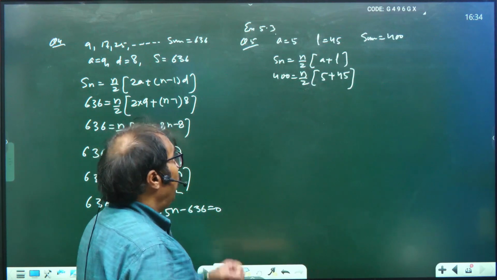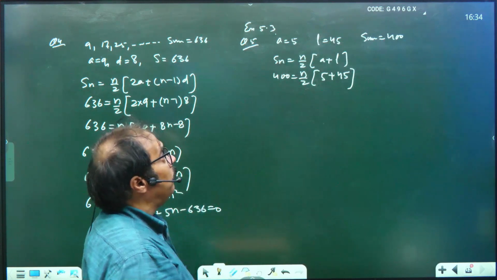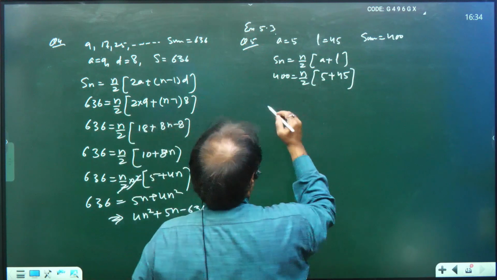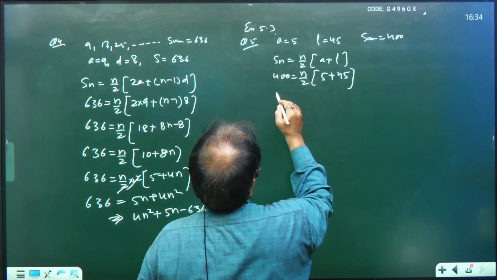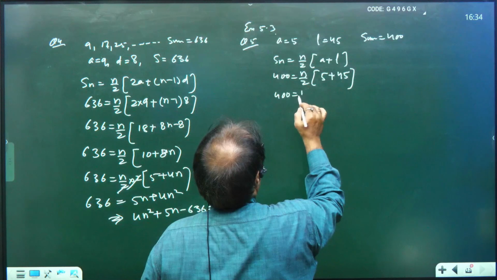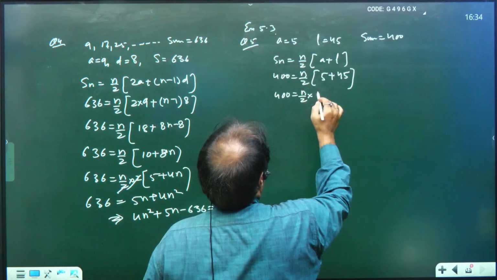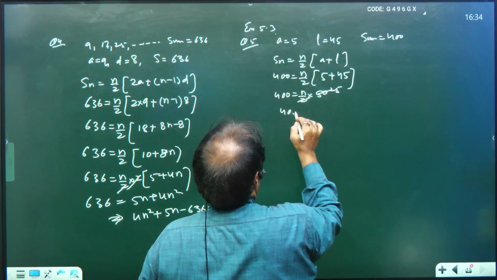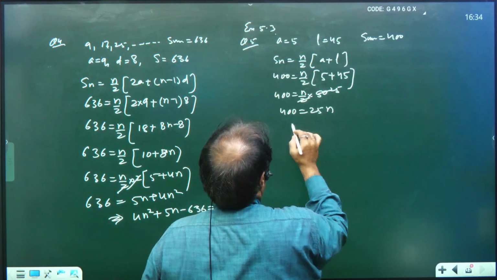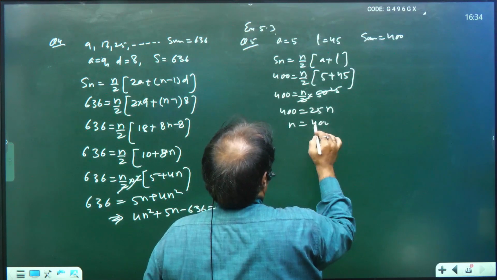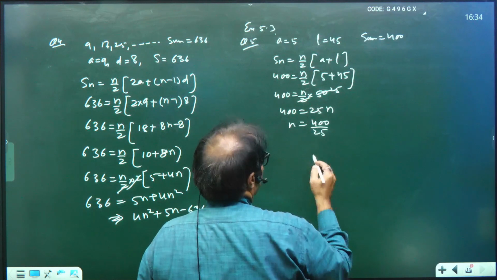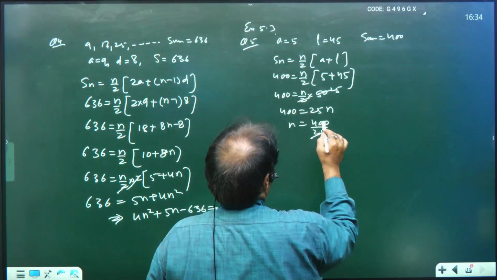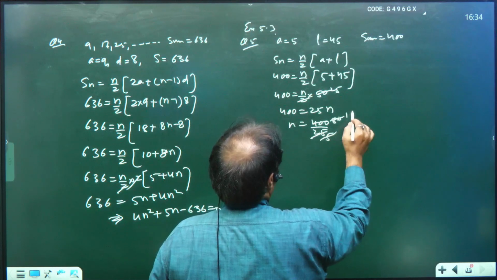After finding the value of n, apply the formula of L, then you will get the value of D. So 400 equals n by 2 into (45 plus 5, that is 50). So this cancels to 25, so 400 equals 25n. So n is equal to 400 upon 25. This will be 16.